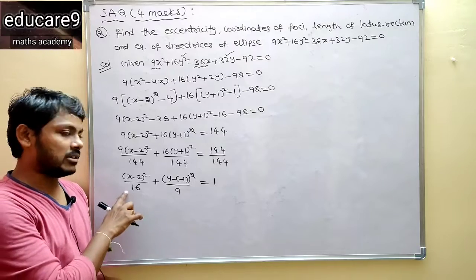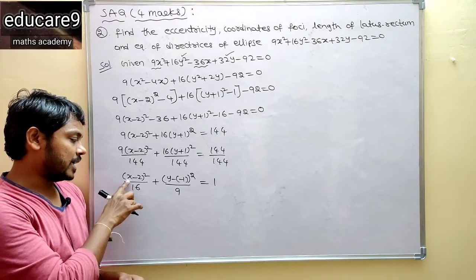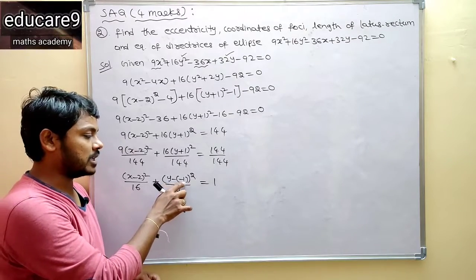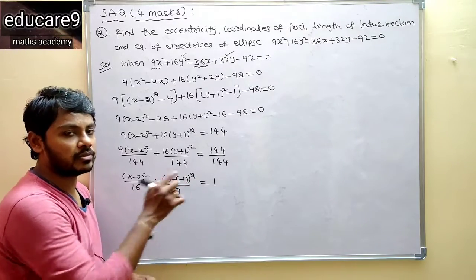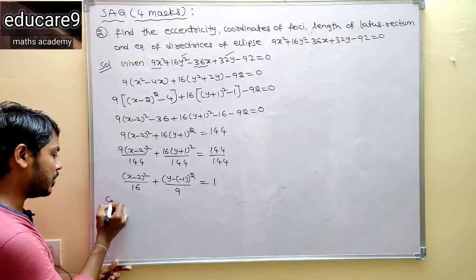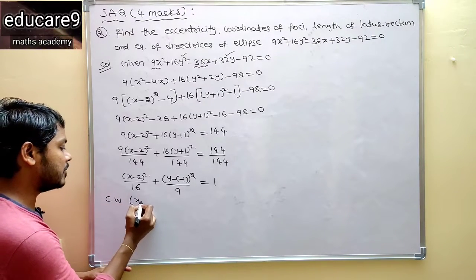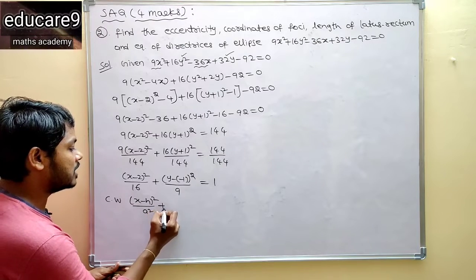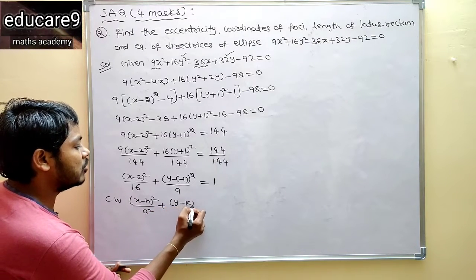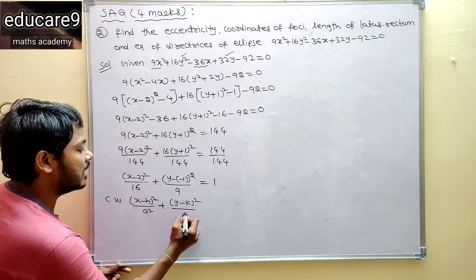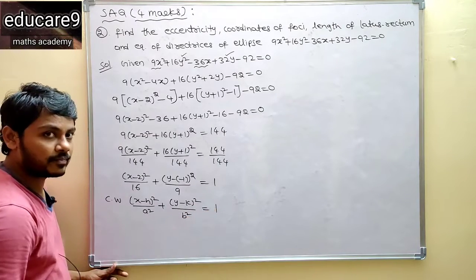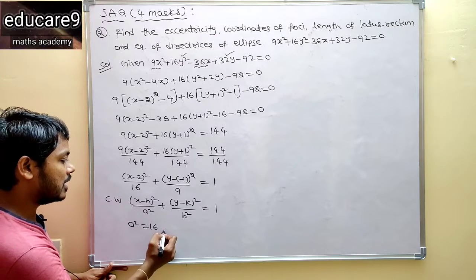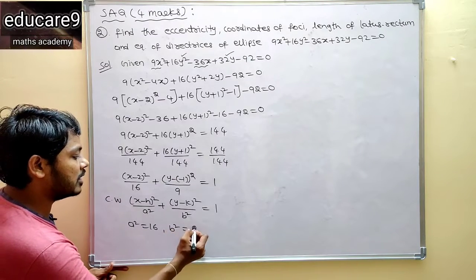Now clearly this equation is of the form x minus h whole square by a square plus y minus k whole square by b square is equal to 1. Okay. Now comparing with x minus h whole square by a square plus y minus k whole square by b square is equal to 1, clearly a square is equal to 16 and b square is equal to 9.